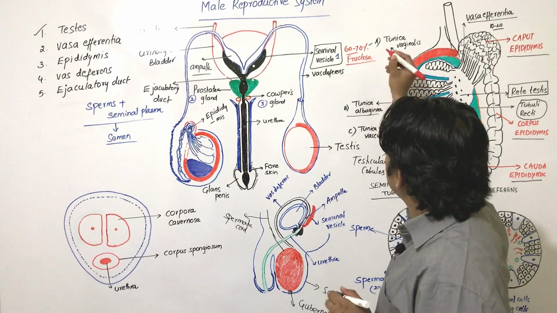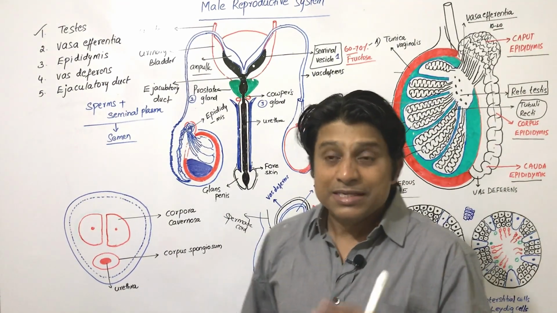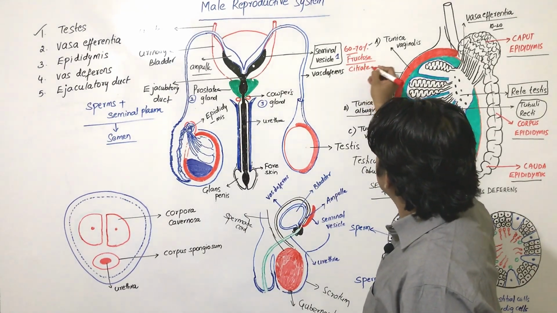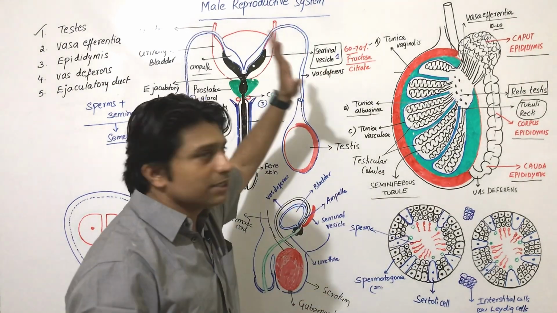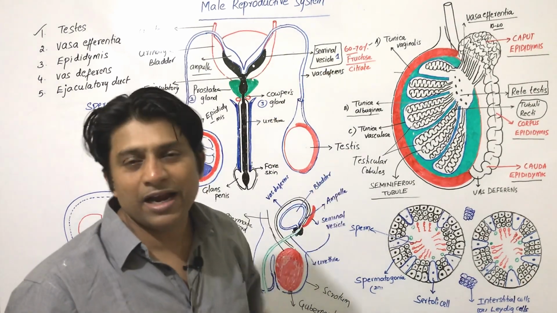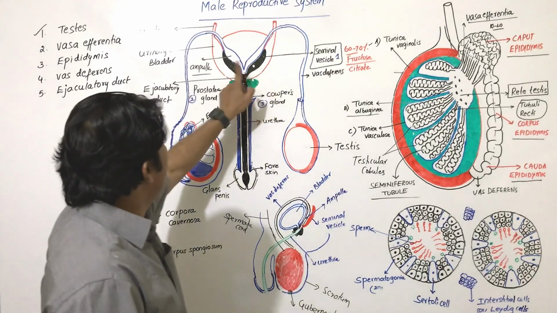It has fructose and also prostaglandins, citrates, inositol, etc. Just remember fructose and citrate, sufficient, right? And what is the nature of this seminal fluid? Alkaline in nature, right? There are two, one here, one here.